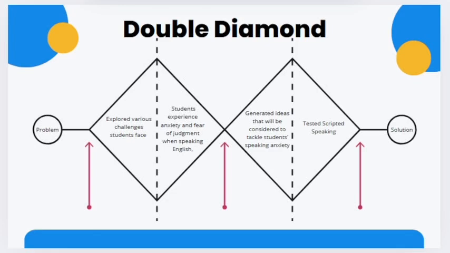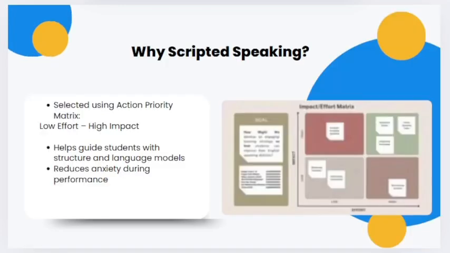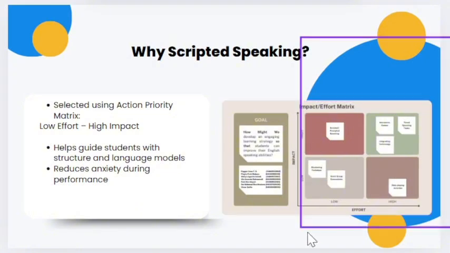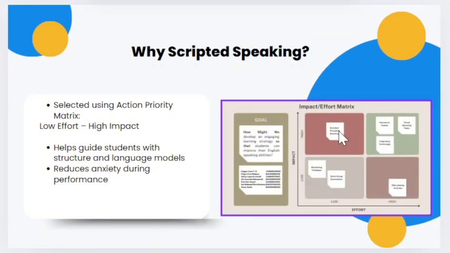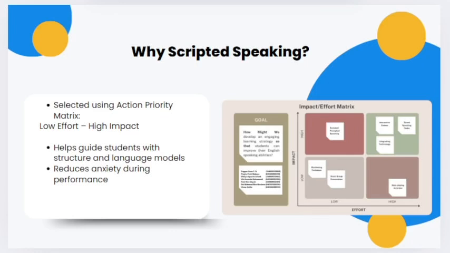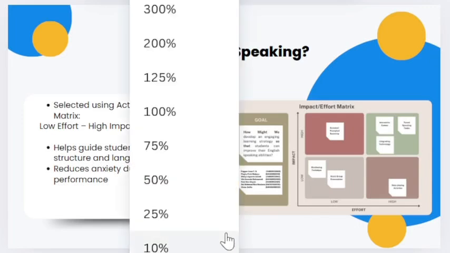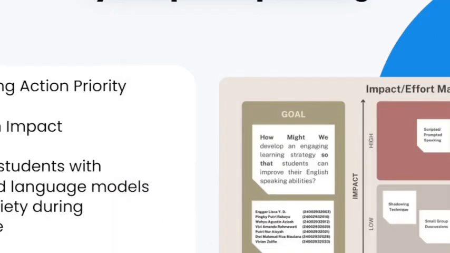We found several solutions that will be elaborated later in this slide, because in this slide we have the impact and effort matrix, which showcases the solutions that we have found, as can be seen in the picture.